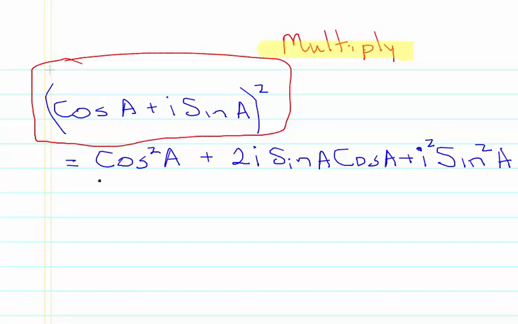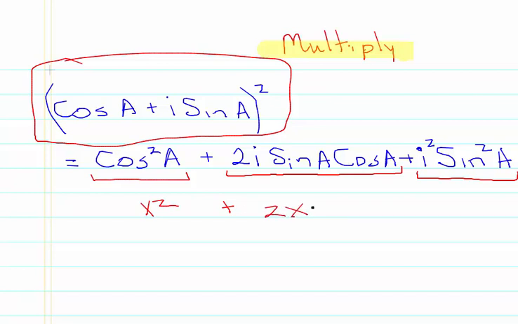We end up with cos squared a plus 2i sine a cos a, and then i squared sine squared a. Again, this is very straightforward. x squared plus 2xy plus y squared, very simple multiplication, the squaring of x plus y. That's simply all we're doing there.